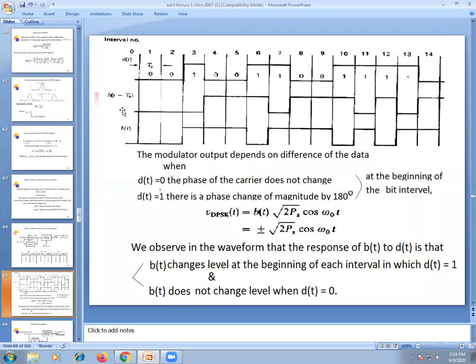If the previous bit is assumed to be 0, then 0, 0, 0 gives what output value? 0.